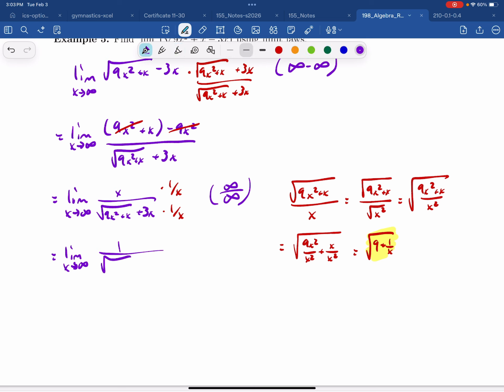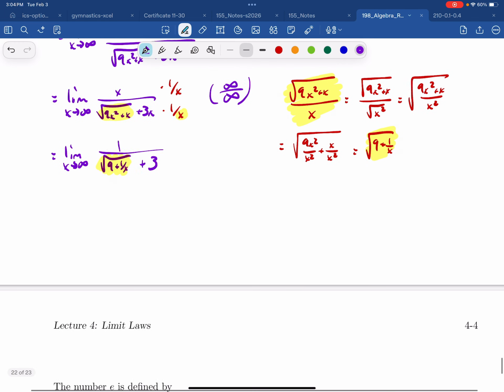All right, we've got this. I guess I could say this divided by this became this. Right? Okay. Anyway, we are also dividing 3x by x, but that's pretty straightforward.